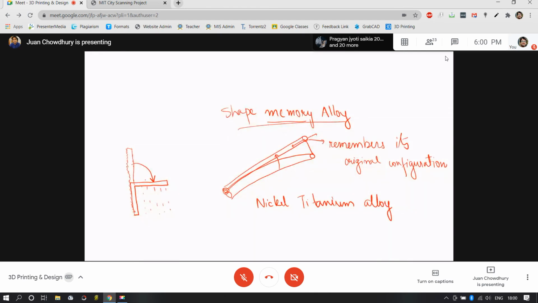Okay, this particular process is called 4D printing.